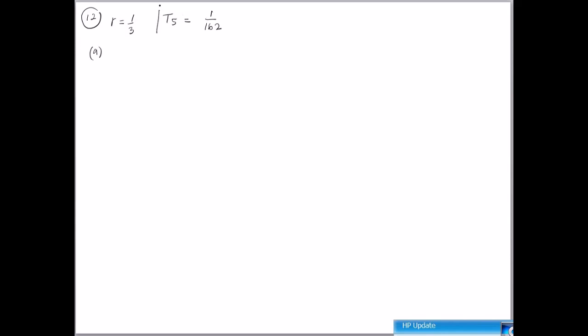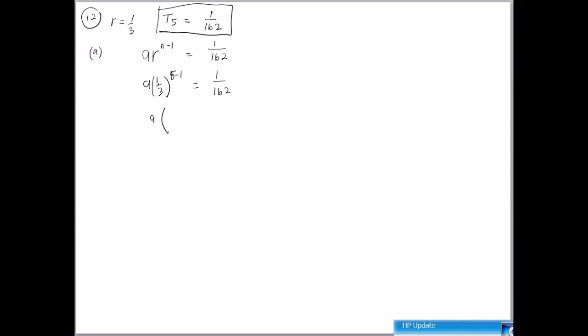Let's use T5 equal 1 over 162. Okay, formula for T5, A r power n minus 1 equal 1 over 162. A is the value that we want to find. R given 1 over 3 power n minus 1, 4 minus 1. Sorry, not 4, 5. Okay, because this is T5.